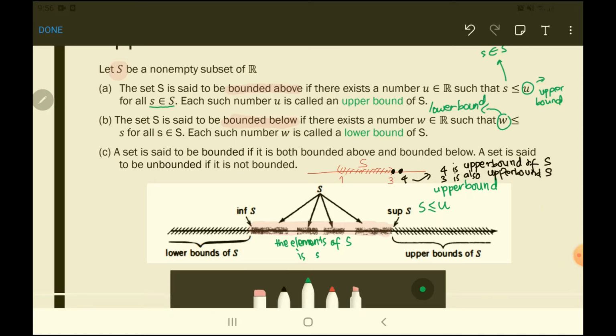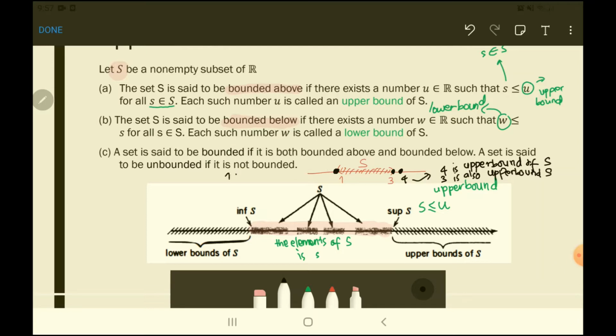So if you have a certain real number and that real number is less than or equal to all s element of S, that means that value is the lower bound. Let's go back to our example, the red number line here. Let's say I'm putting here 1.